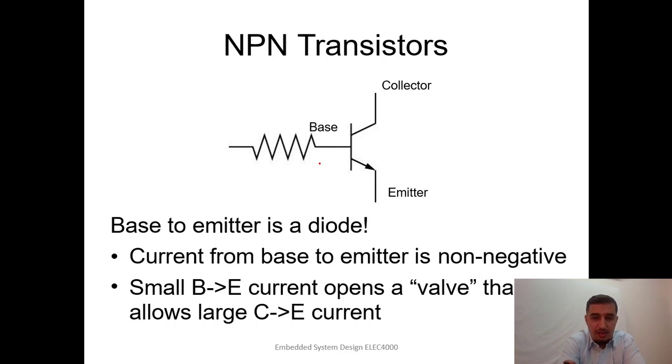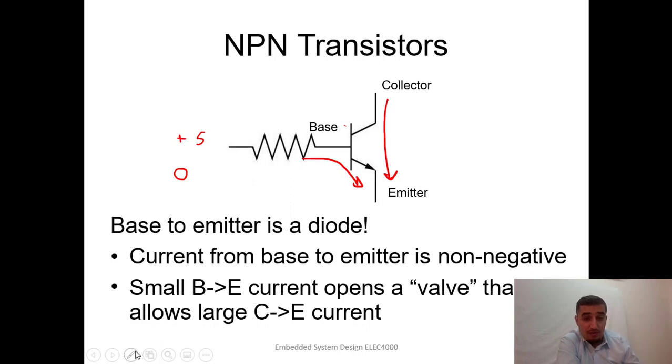Now this NPN transistor, as you all know, if I put +5 over here, the transistor will be on and current will flow from the collector and base to the emitter. If I put 0, then VBE will be equal to 0, and we are not going to have any current because the motor will be off.